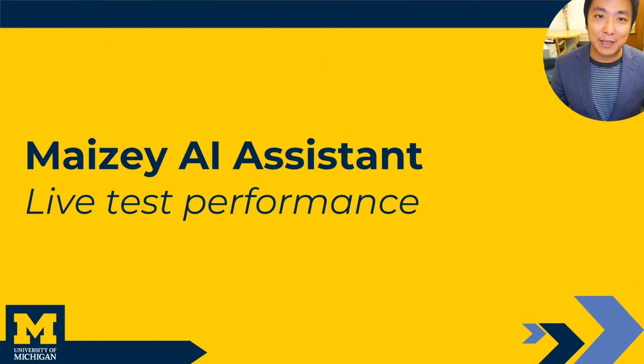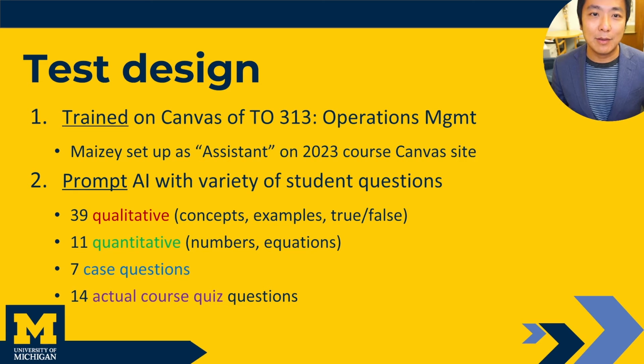Now let me show you some results from our extensive field testing of the Maizey platform. We deployed Maizey in a variety of courses of different subjects. In each case, we set up a direct horse race between Maizey and ChatGPT, which many of our students are already using. For example, one course is TO313, the Core Operations Management class, a mixture of quantitative and qualitative content.